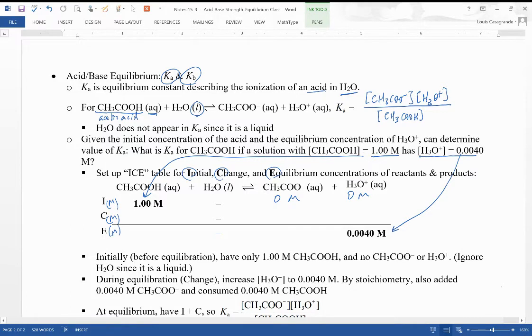Our change has to get us from H3O+ of 0 to an H3O+ concentration of 0.0040 molar. So can you see that in order to do that, we've had to add 0.0040 molar of H3O+ to our solution. But we did that by doing this reaction. We didn't just throw H3O+ in, we threw acetic acid in.